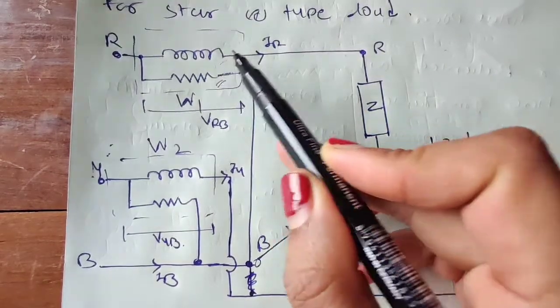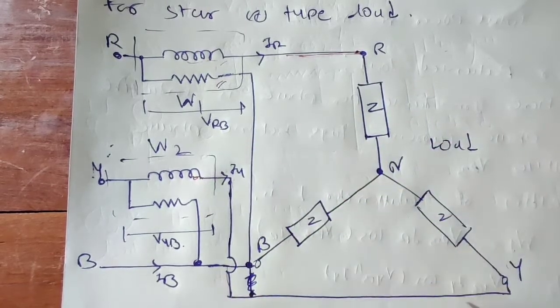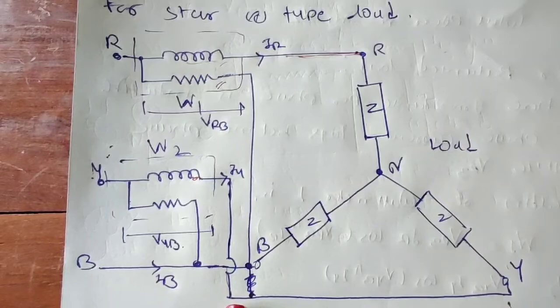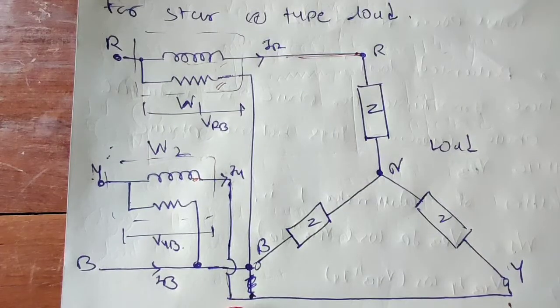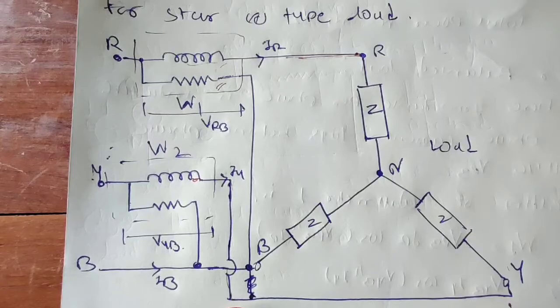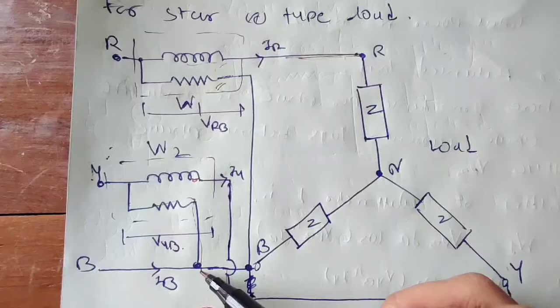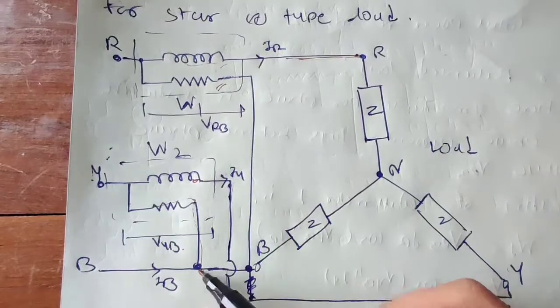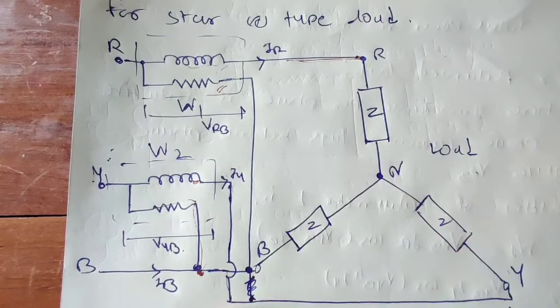This current coil is connected to supply line R, and this one to supply line Y. The voltage coils are connected between their own current coil line terminal and the line without the current coil. So both of them are connected to B.